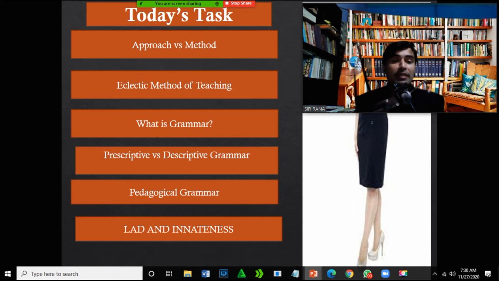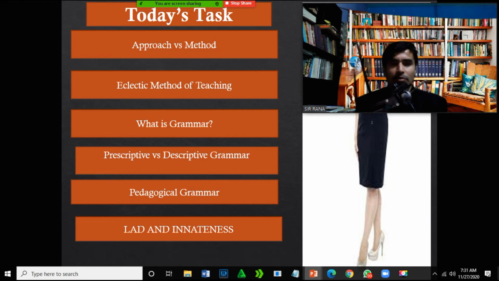He even gave the concept of universal grammar, that every language has a structure, every language has certain properties, universal grammar in it. So LAD, the language acquisition device, according to Noam Chomsky, exists in the mind of the child when he is born, and it automatically starts functioning. And then we have innateness.